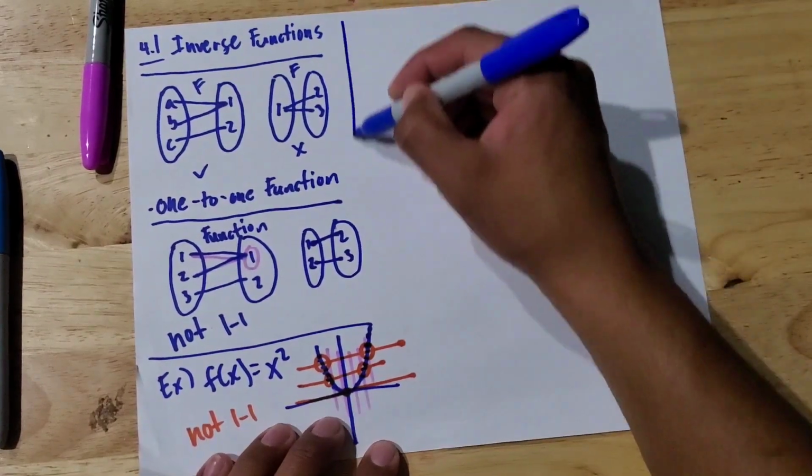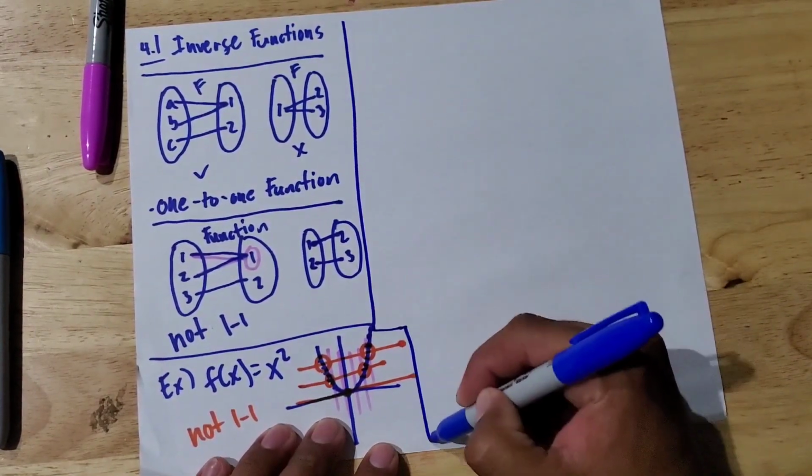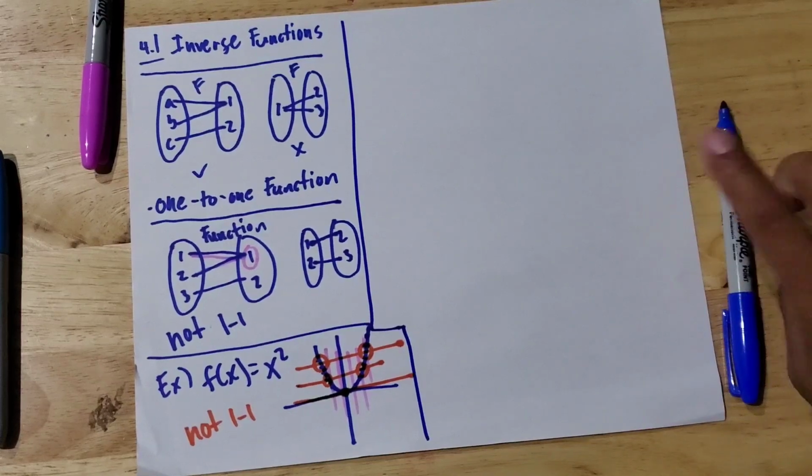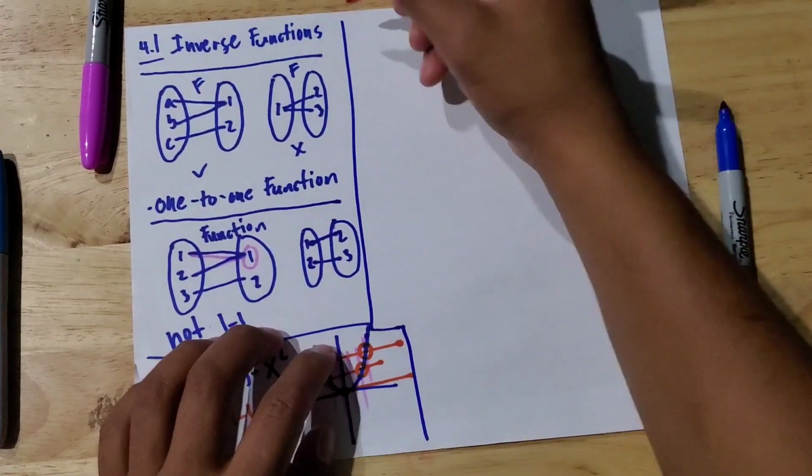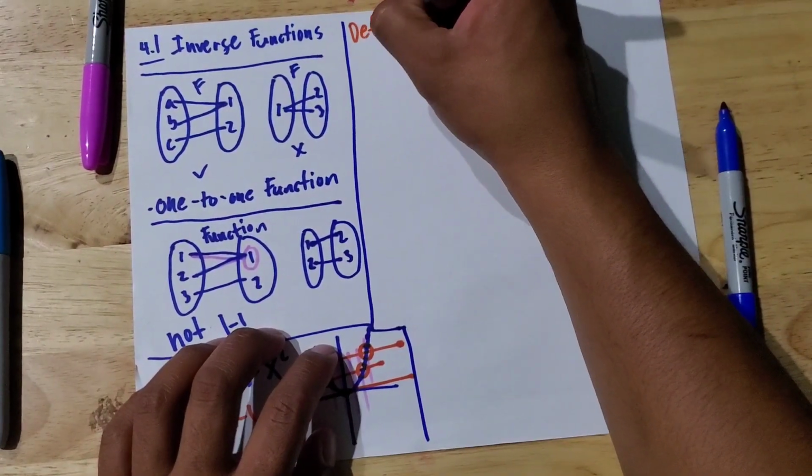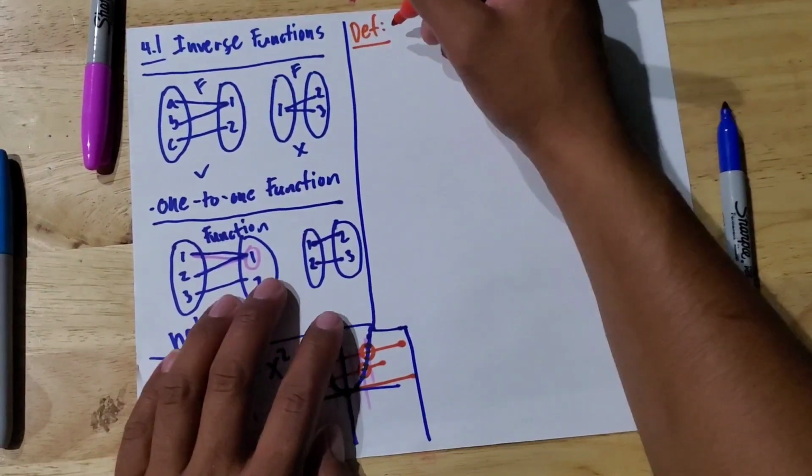So I could list the definition out. Let me write it right here. Definition. Again, this checks for a one-to-one function.